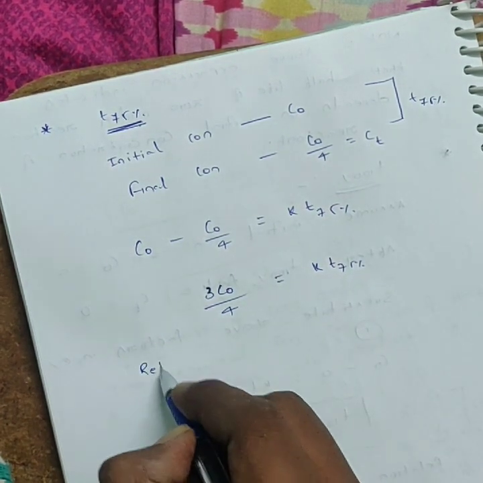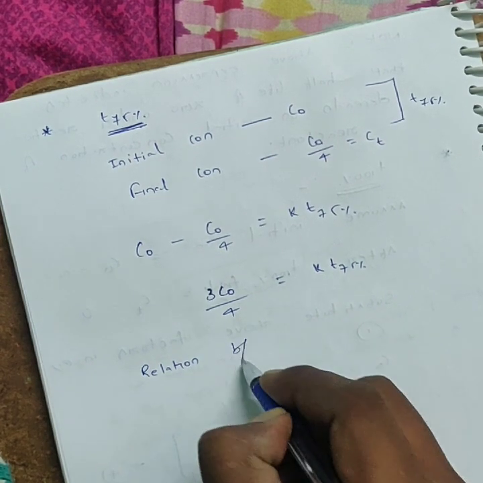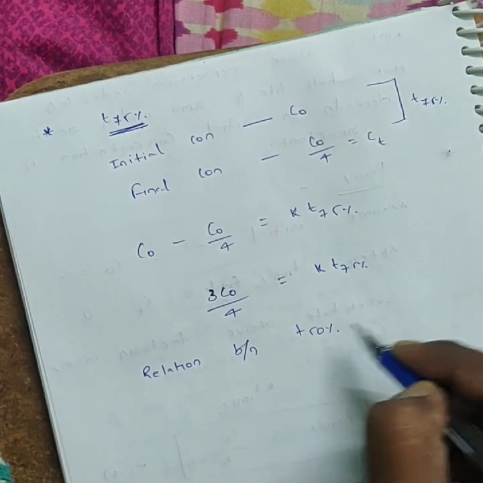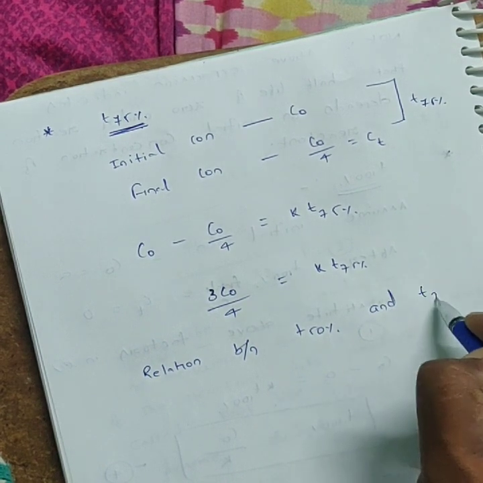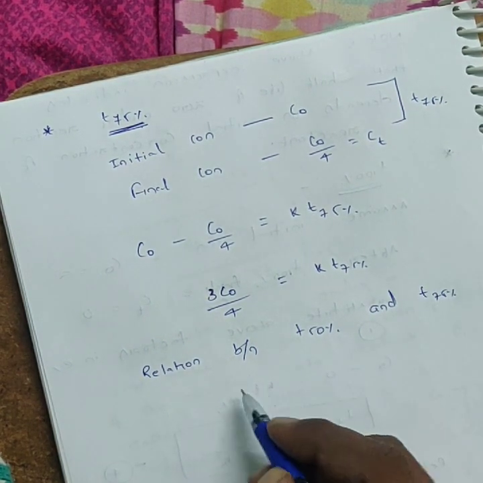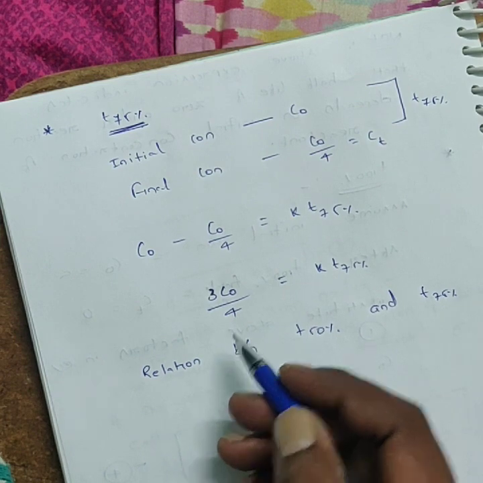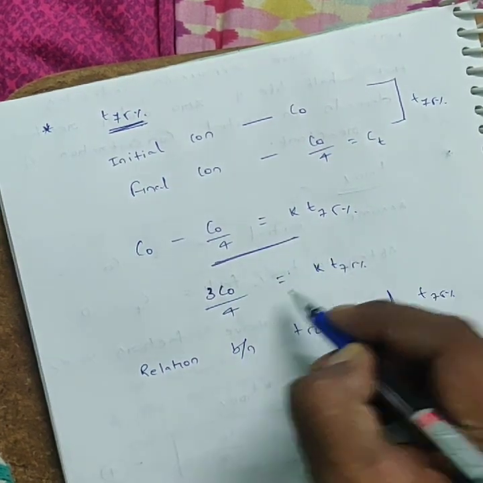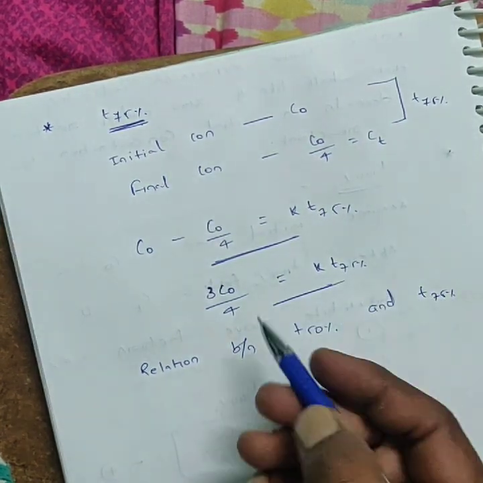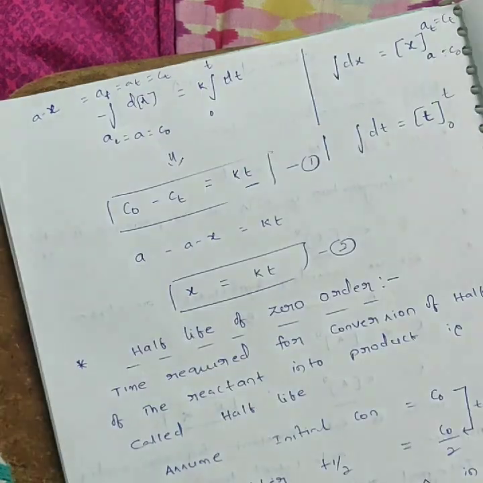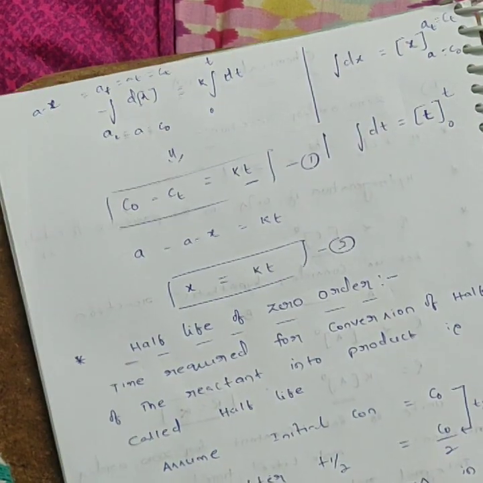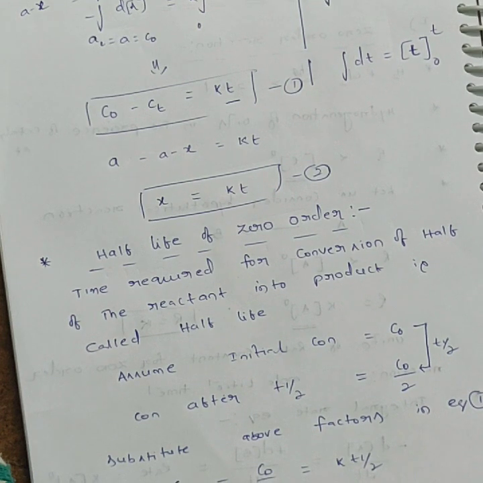Come to the relation between t 50% and t 75%. What is k related to t 50%? t 50% is nothing but C naught by 2k.